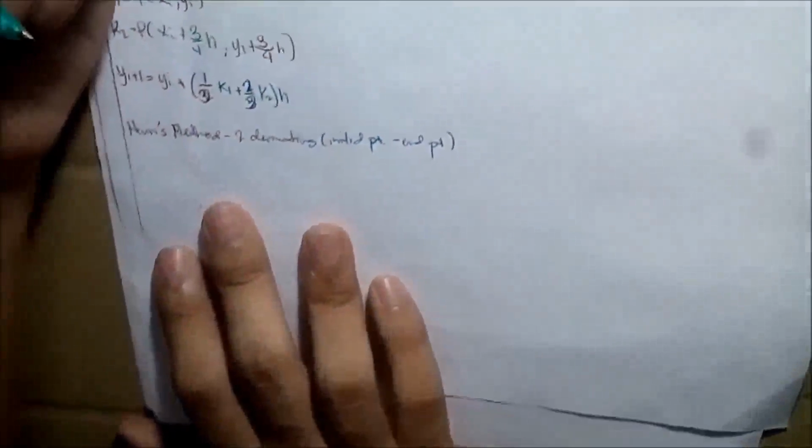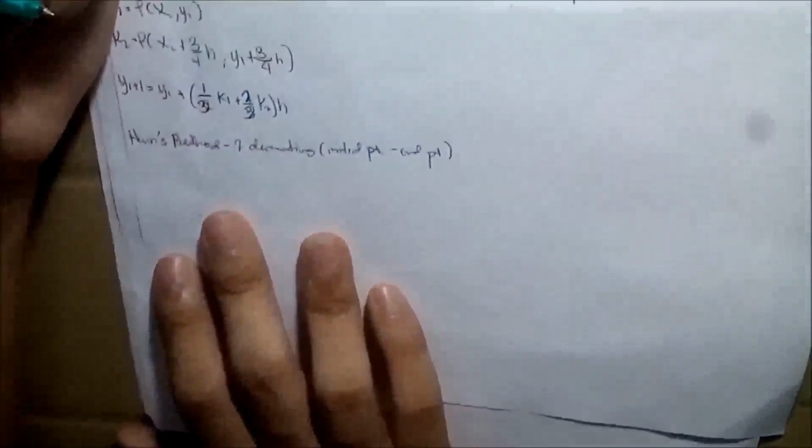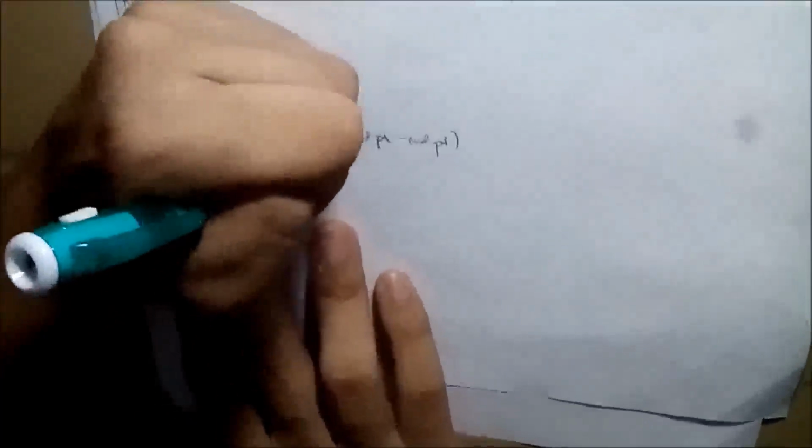The derivatives are averaged to obtain an improved estimate of the slope for the entire interval. It is a predictive corrective approach.